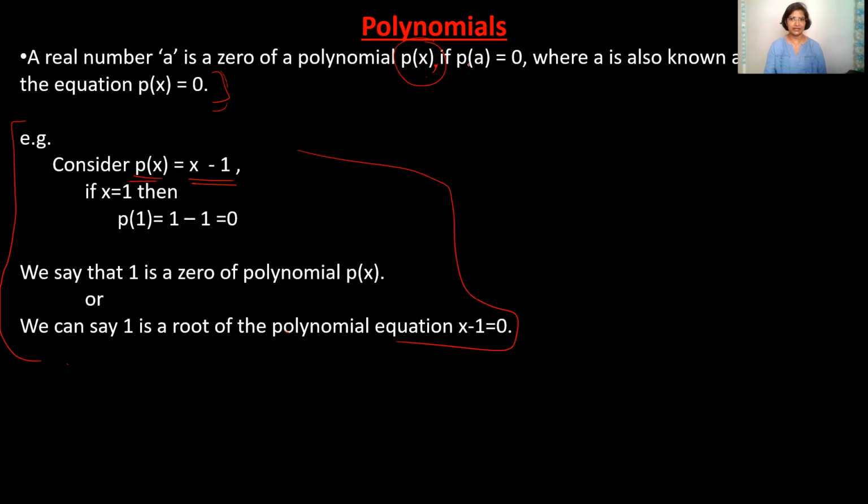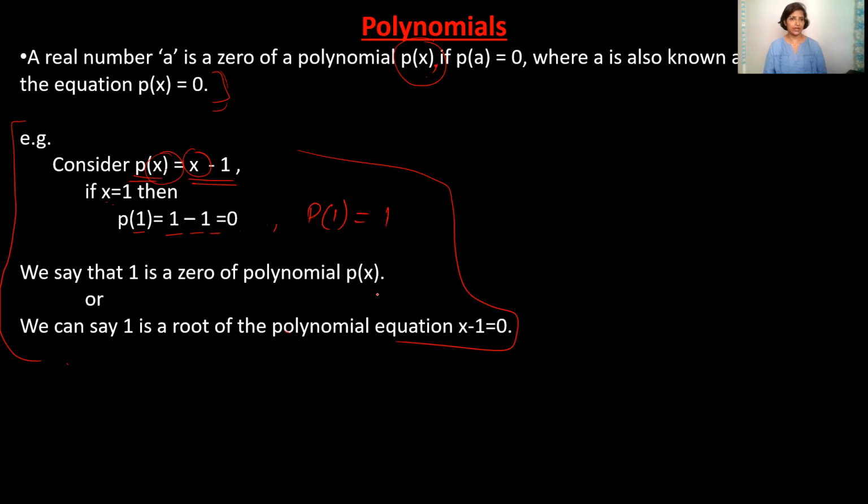You have taken one variable a and you are putting any value here. If x equals 1, then p(1) equals, putting 1 here and 1 here, what will you get? p(1) equals 1 minus 1 equals 0.